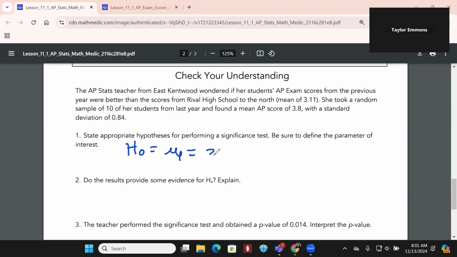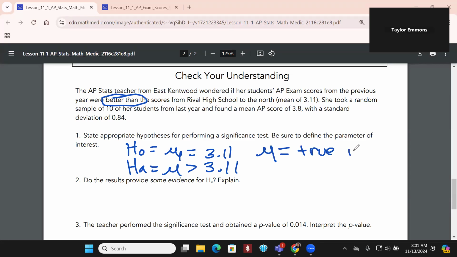Mu equals 3.11. And the alternative is that it's greater than 3.11, because she said better than the scores. Mu is the true mean of the AP score for all of East Kentwood's students.